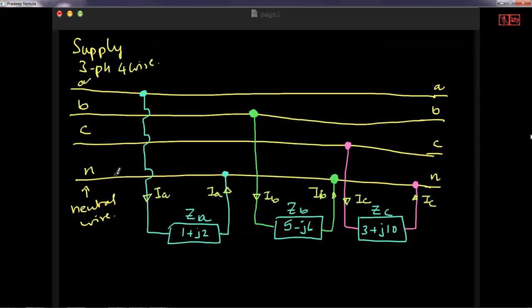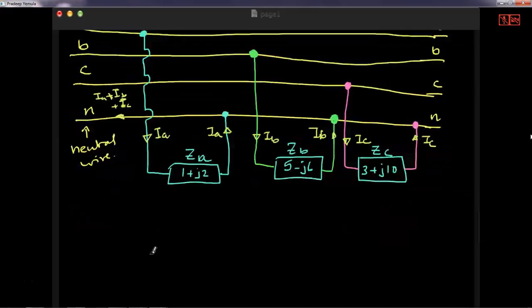So here, if you look at what is the total current, so IA plus IB plus IC. So this is the total current. So IN is IA plus IB plus IC. So this is the neutral current.